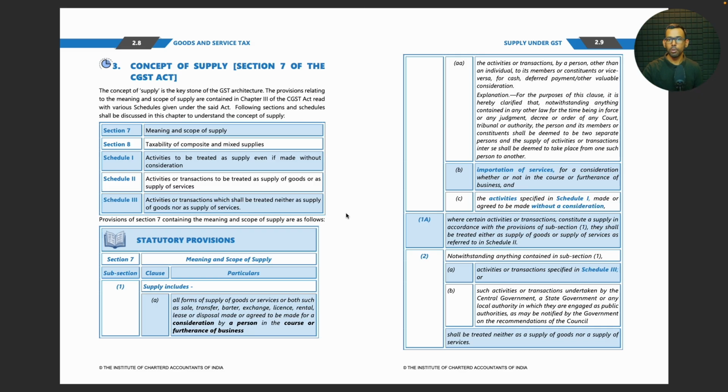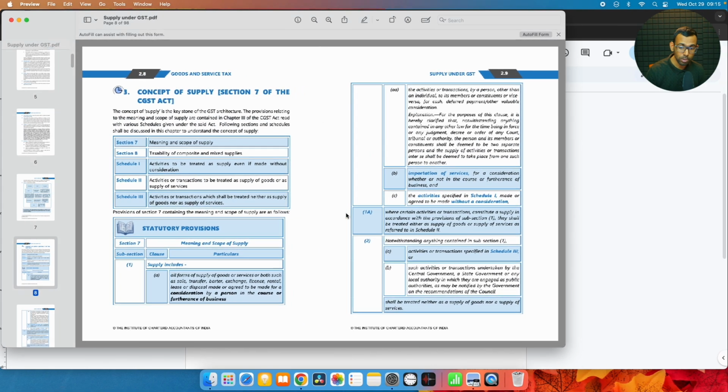So that is Schedule 2. All some similar things, Schedule 2. And then Schedule 3 talks about a negative list, some things that are not to be deemed as supply anymore. So even section 7 subsection 1 talks about sale, transfer from one person to another for a consideration during the course or furtherance of business. So this concludes our first segment.